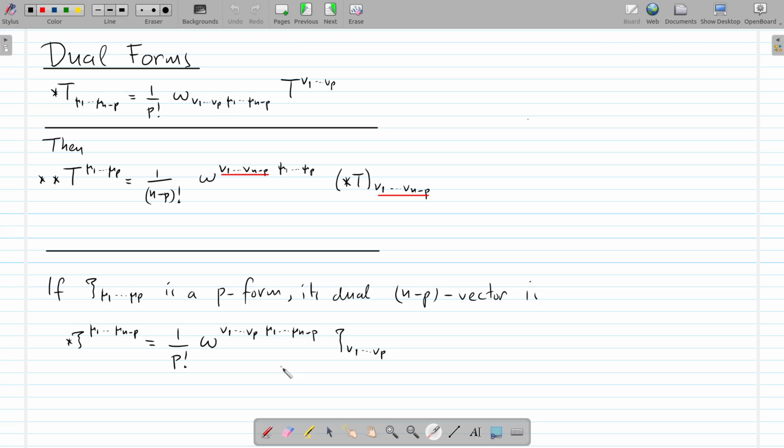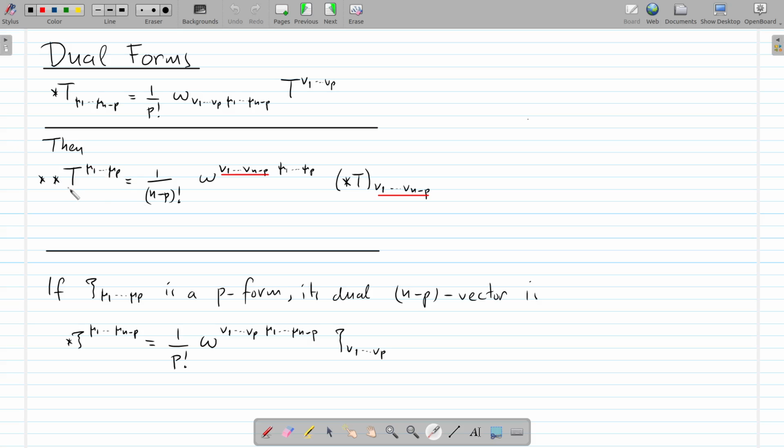Having defined duals of both forms and vectors, it is interesting to see what happens if we apply the duality operation twice on either p forms or p vectors. So let's consider the dual of a p vector first.